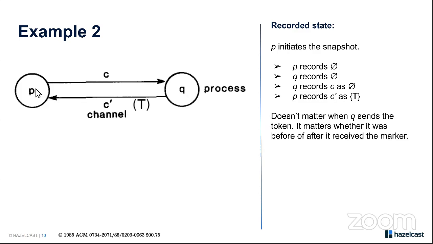It can happen before or after P recorded its state. The result will still be the same. We just know from this example that Q emitted the token before it received the marker, because otherwise, if Q decided to emit the token after it received the marker, it would be in the state of Q, so it would still be consistent.